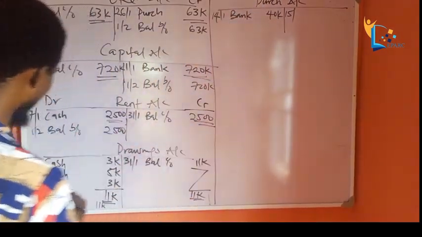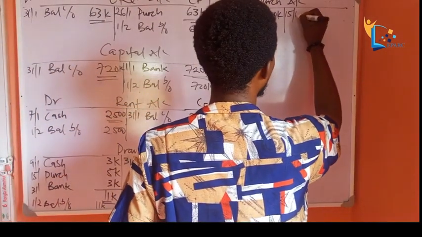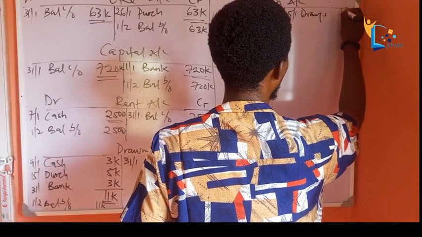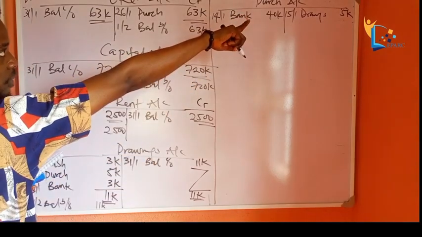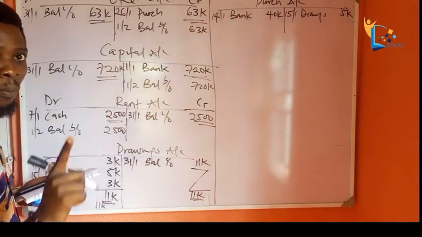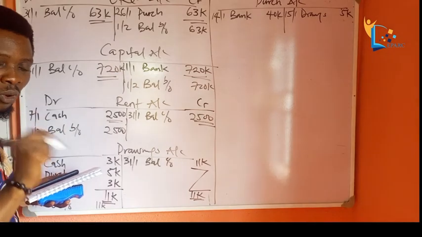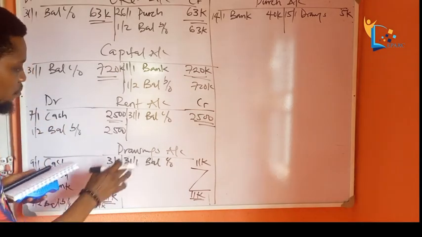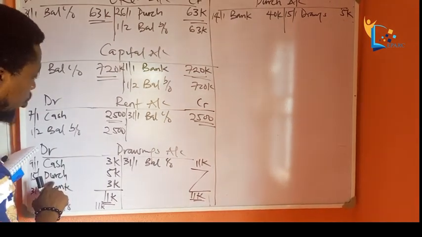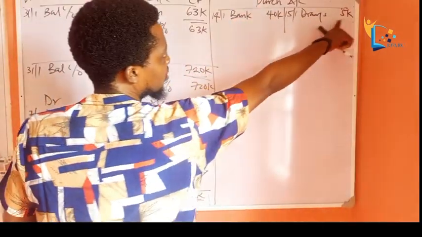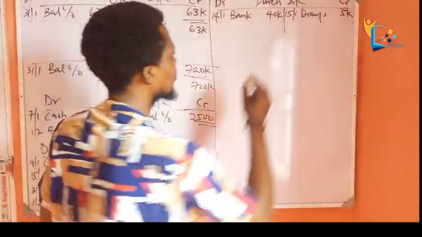Now, see this purchase here: drawings, 5K. This is the double entry principle we have just done. The journal proper is not an account, so it doesn't follow the double entry principle. In the drawings account, purchase was debited. Now, in the purchase account, drawings is credited. This is the double entry. Are you following?